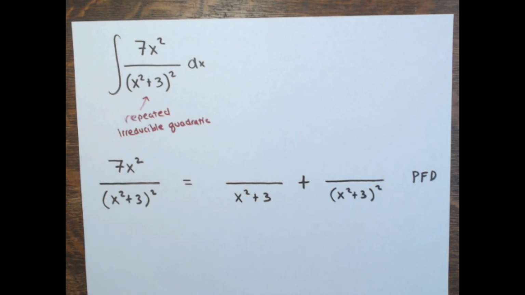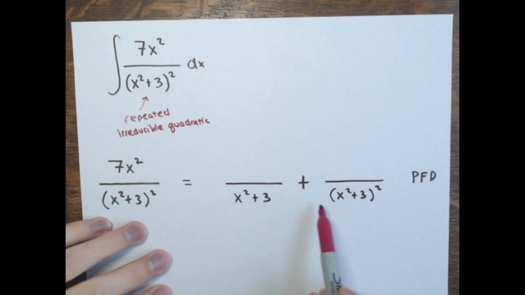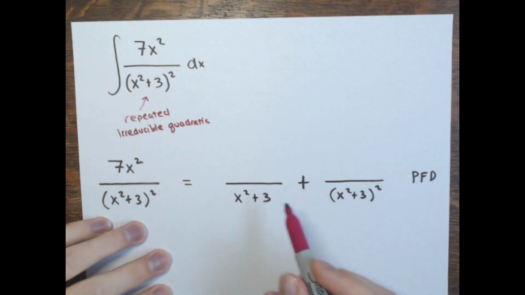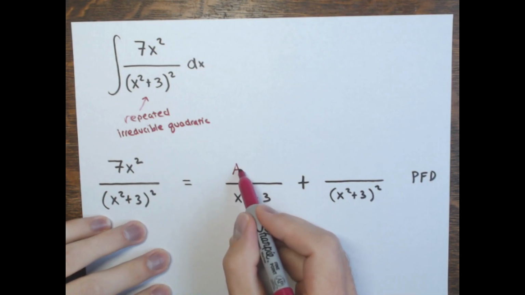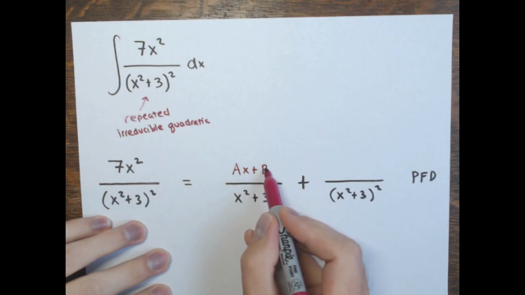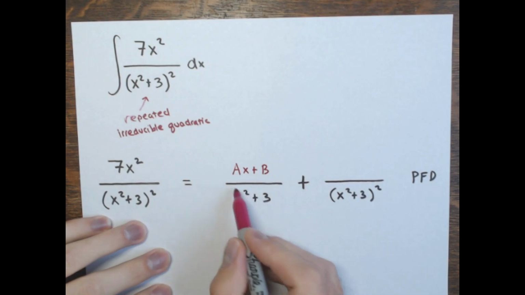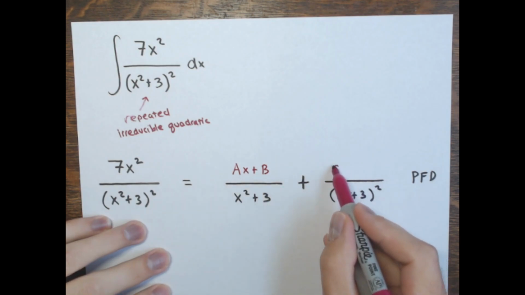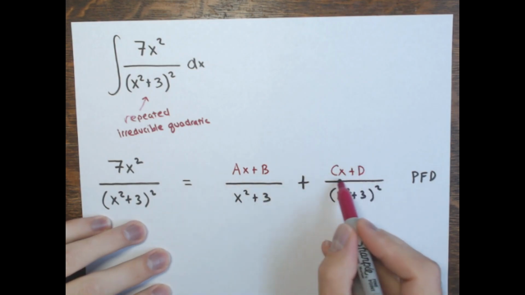Now with quadratics, remember I said this before in one of the previous examples. If you have a quadratic or powers of a quadratic in your denominator, put a linear up top. So ax plus b here, right? Some linear above that to keep it proper. And then cx plus d here.